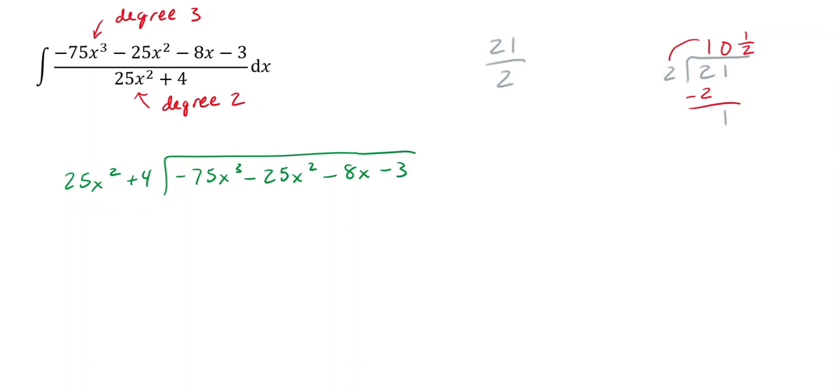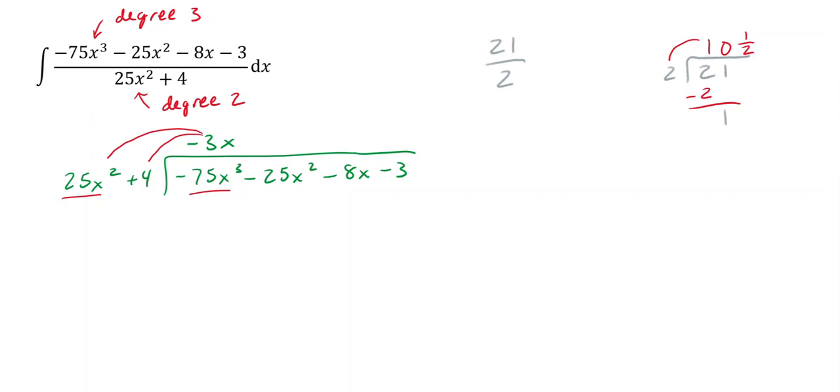And again, I focus on the leading term. Here I'm going to focus on both leading terms. And I ask myself, what do I have to multiply 25x squared by to get negative 75x cubed? And the answer here is I have to multiply this by negative 3x. So up top, negative 3x, and then I'm going to distribute that negative 3x to the terms of my divisor and subtract it down below.